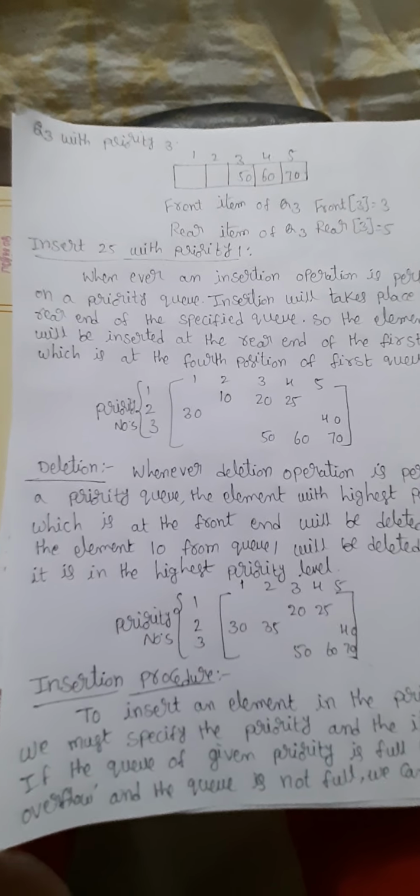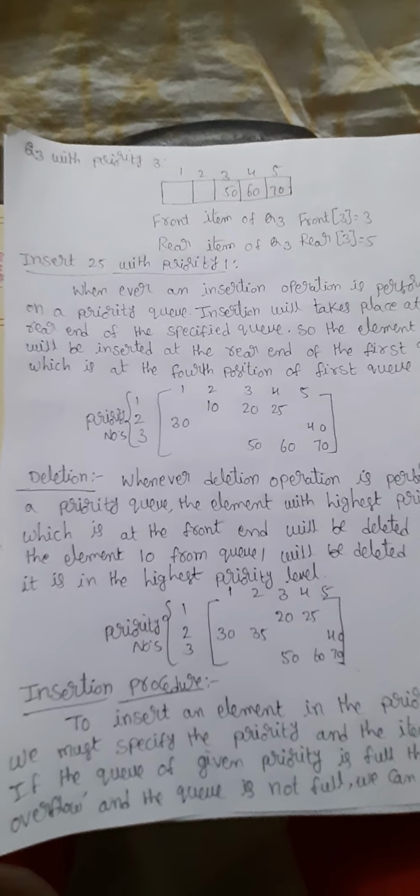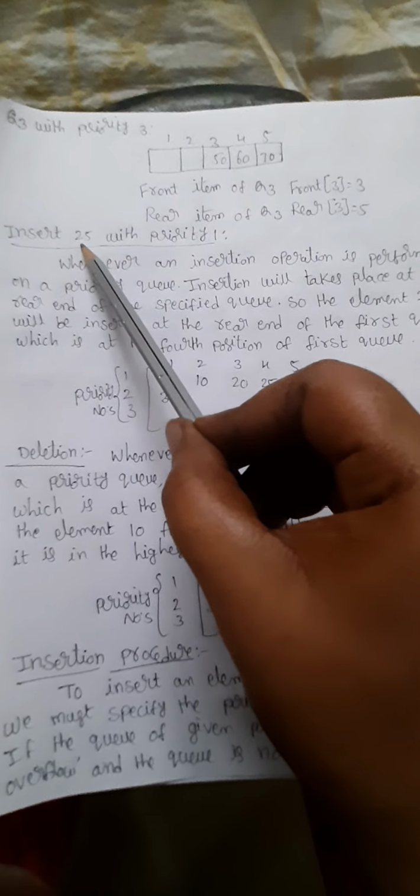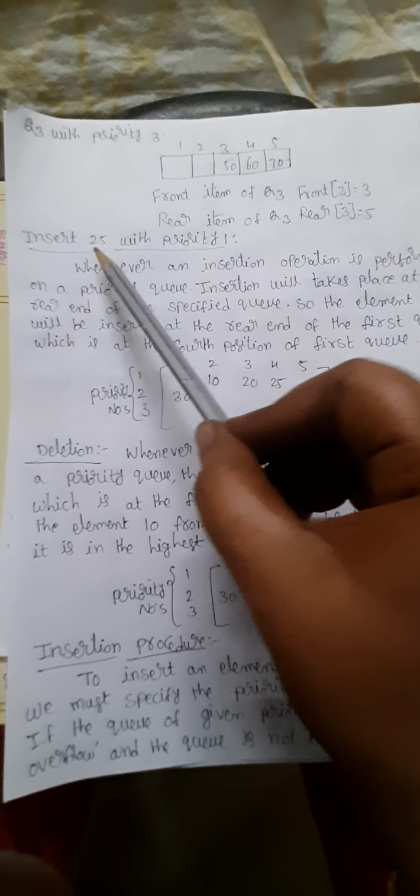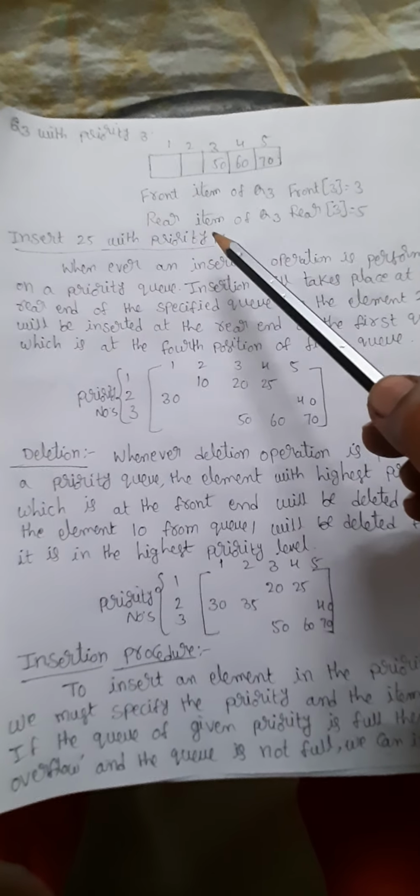And now if you want to insert elements into the priority queue, here I am inserting the element 25 with priority 1.